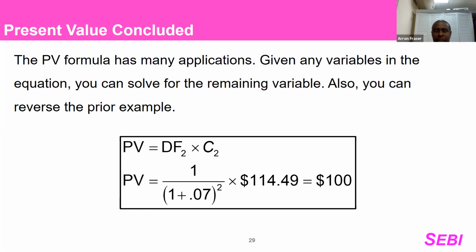So here the interest rate is being used as a discount factor. You'll have 1 divided by 1 plus 0.07 taken to the second power, and you multiply that by the future cash flow, and you'll get the present value of that future cash flow. So you can see the relationship between a future cash flow and the present value, right? They're kind of the inverse of each other, right? Any questions?